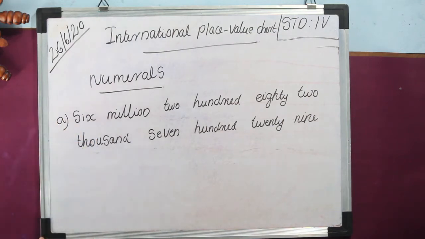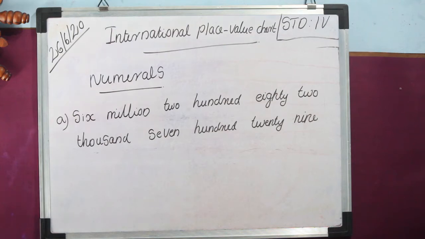The question is, write the numerals. The answer is 6,282,729. Based on the international place value chart, we write only the numbers, not the periods.